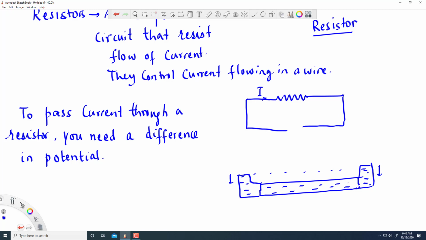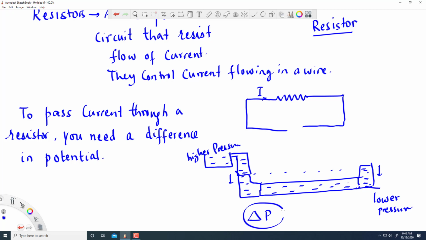But if somehow you raise this side or connect this side to a tank at higher level, then you will have difference in the pressure. So, this one would be at lower pressure because it's at lower height, and this would be at higher pressure. Whenever there is a difference in pressure, that creates the flow of water. So, this change in pressure is needed for water to flow.